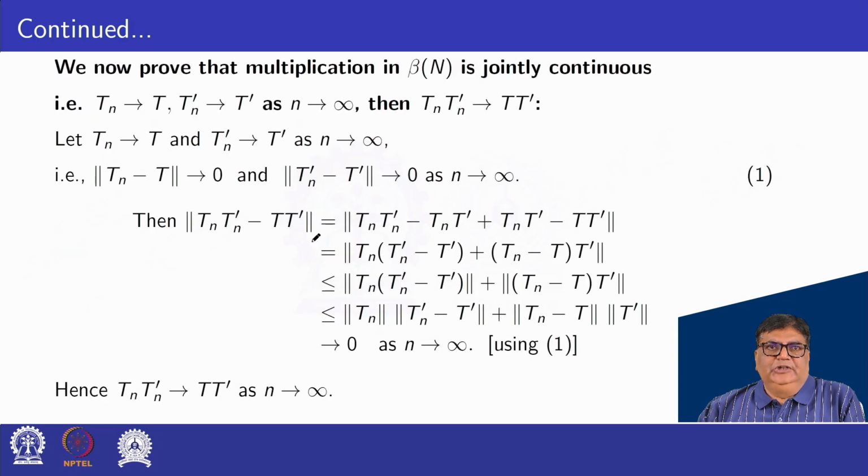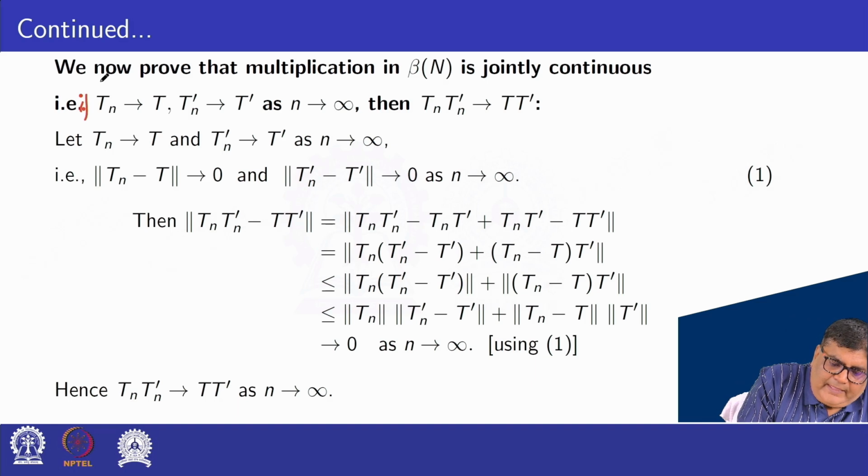We now prove that the multiplication in B(N) is jointly continuous. That is, if Tn converges to T and Tn dash converges to T dash as n tends to infinity, then Tn Tn dash converges to TT dash. Let us prove it.